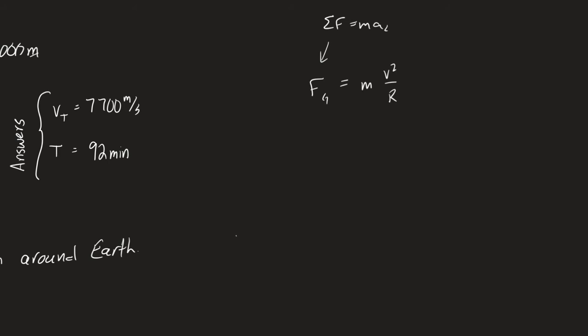Now, that force is the force of gravity between the Earth and the space station. Mass of space station, mass of Earth, G over the separation distance squared. And that has to equal mv squared over the radius of curvature.